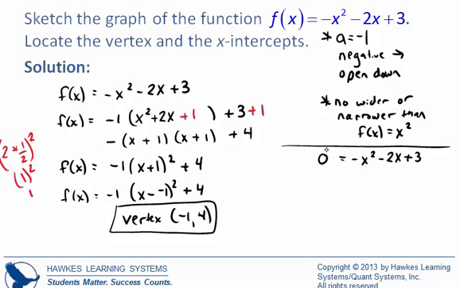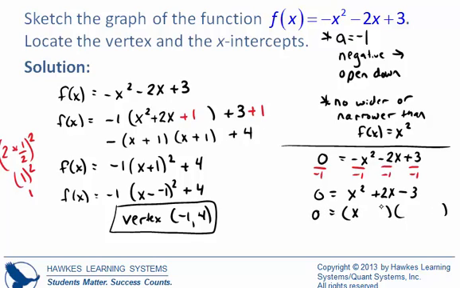So in order to solve, we're going to first deal with this leading coefficient of negative 1. So I am going to divide each term in the problem by a negative 1. I know that things are easier to work with if I don't lead with a negative 1. So that's going to give me 0 is equal to positive x squared, positive 2x, negative 3. And my hope is that this is going to factor.